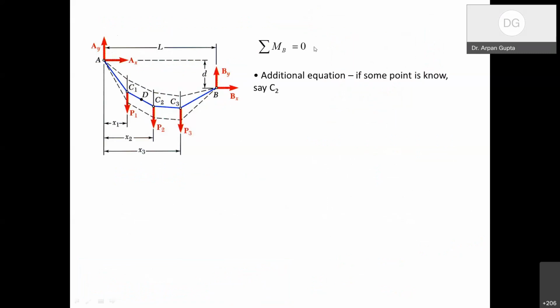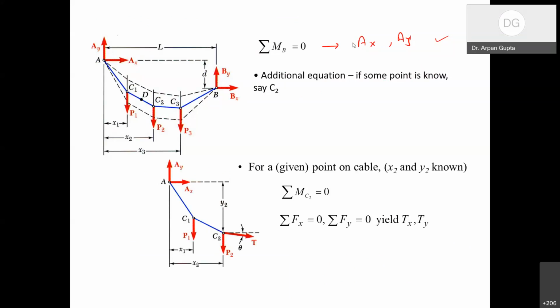The equation we have already written, moment about point B equal to 0, is basically a relation between Ax and Ay, right? Now we need an additional equation, and that additional equation will be available if some point is known. For example, let us say point C2 is known, and when I say point C2, I mean x2 comma y2 are known.